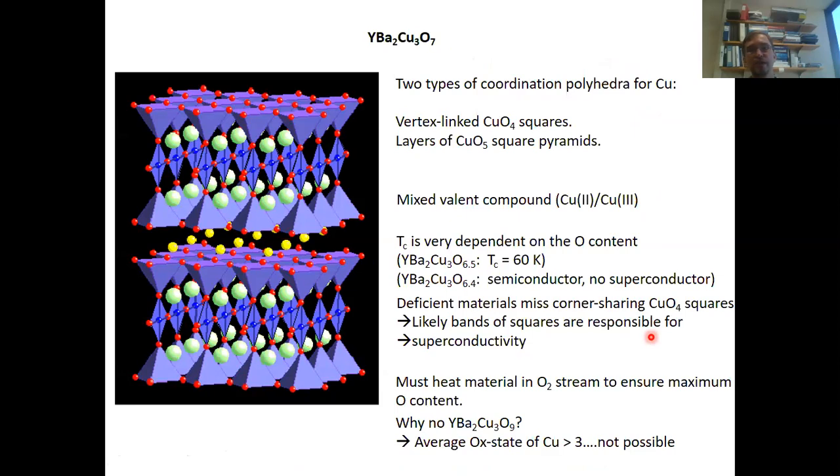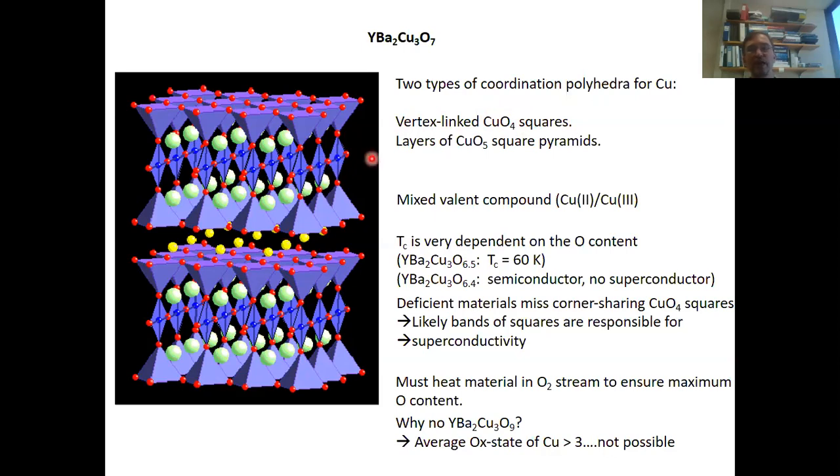So now we have in this structure 2 types of coordination polyhedra for copper. We have vertex linked CuO4 squares. You see actually the squares here. And you see that these squares are making bands in one direction, this direction here.